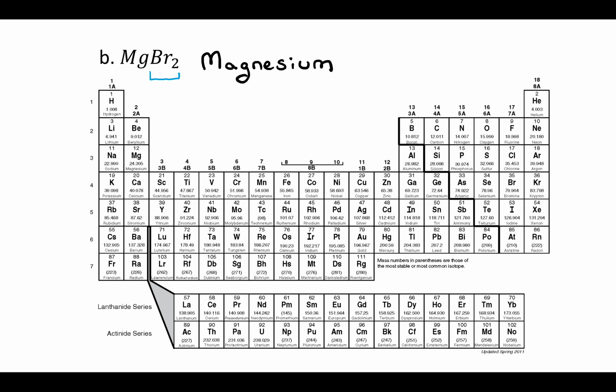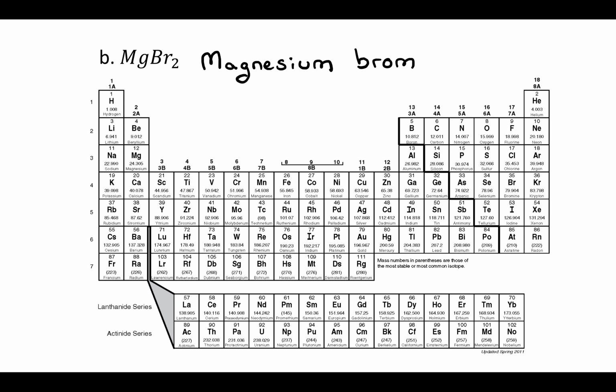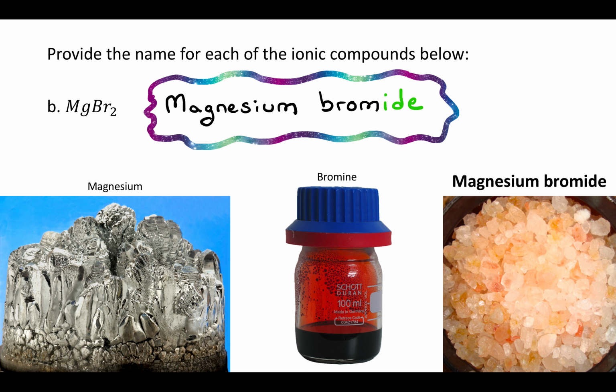And then for the second element, Br, take just the first syllable and add the ending IDE. That shows that it's in a compound. The bromine is sticking to the magnesium. So the name for MgBr2 is magnesium bromide. If you take magnesium and you react it with bromine, you get magnesium bromide. And magnesium bromide is used as a mild sedative and an anticonvulsant for the treatment of nervous disorders.